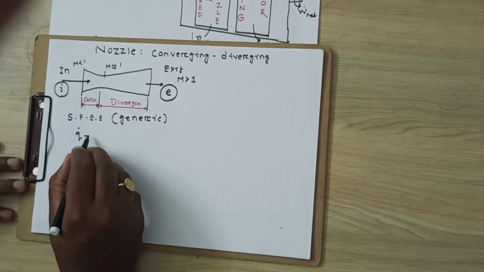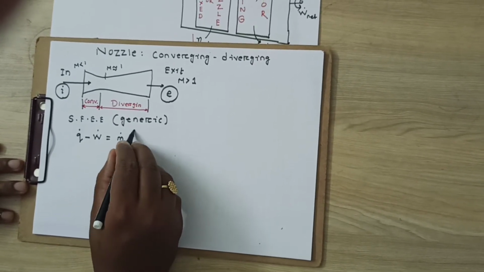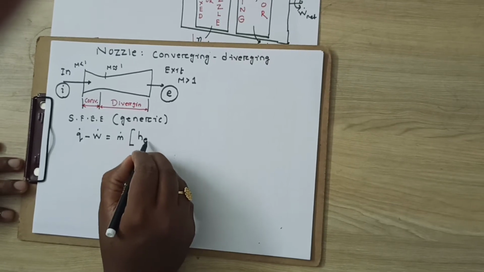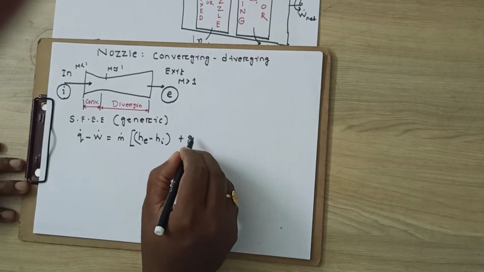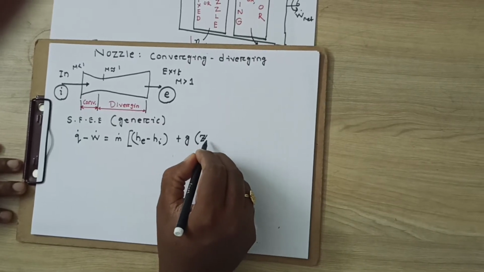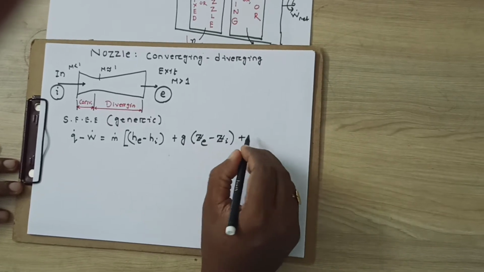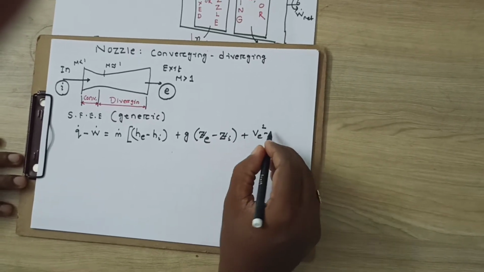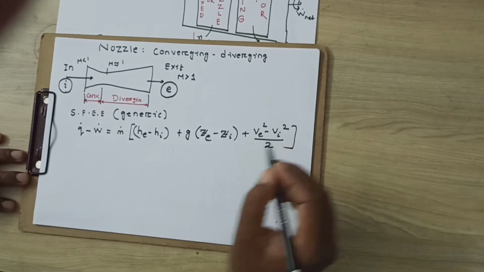It is something like this: Q dot minus W dot is equal to m dot times (h exit minus h in) plus g times (z exit minus z in) plus (V exit squared minus V in squared) divided by 2.